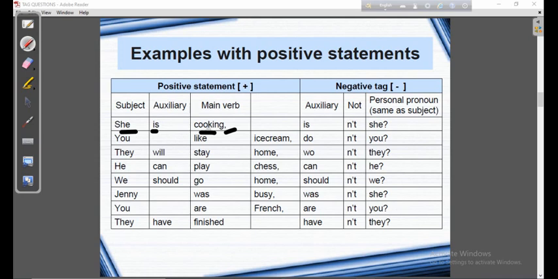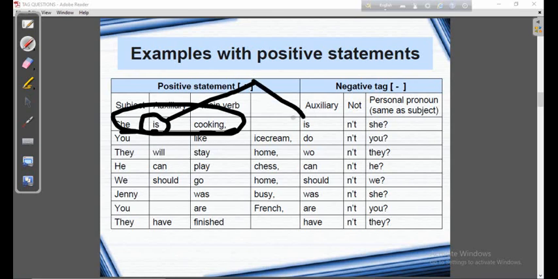So here in this sentence, the auxiliary verb is "is" and the total sentence is affirmative. So its tag will be negative. So here the be verb is "is", and as it is affirmative, it will take not.